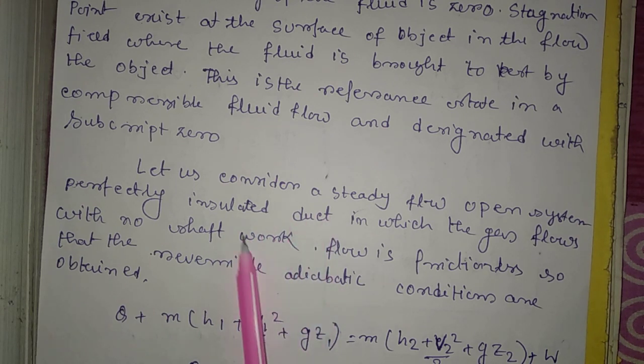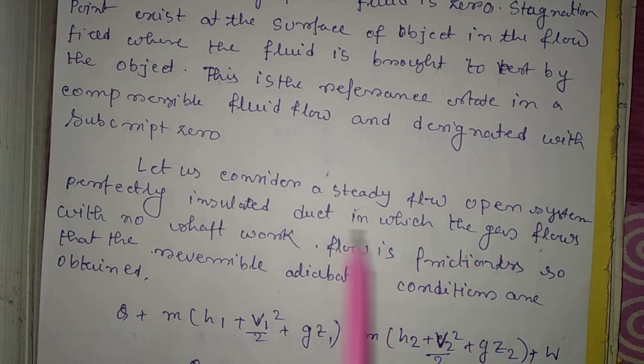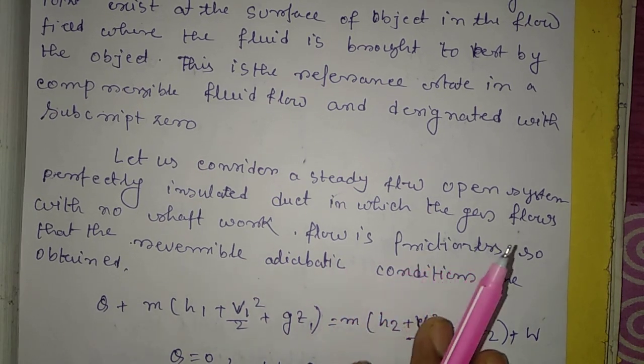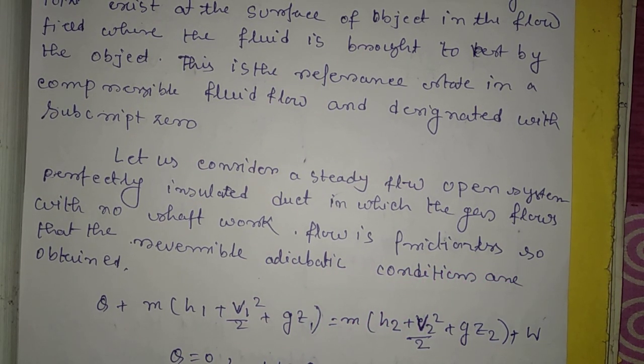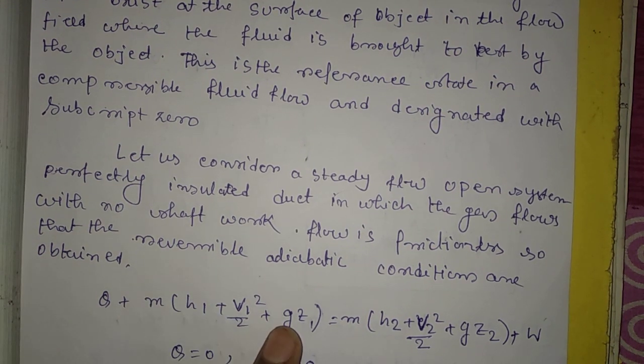An insulated duct, basically a pipe, is a system in which the fluid flows, and here the gas flows with no shaft work. We assume that there is no shaft work involved. One more important assumption is that the flow is frictionless, so there is no friction within the fluid, and the process is reversible adiabatic.